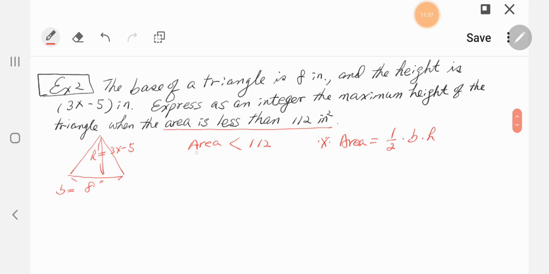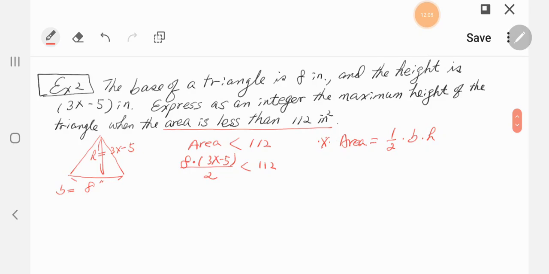So from here, the base is 8, and the height is 3x minus 5, right? And then divide by 2. So let's find x. Then with this x, we can find the height. So from this height, we can find the integer height, right?